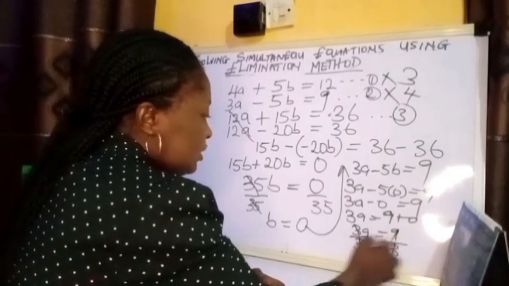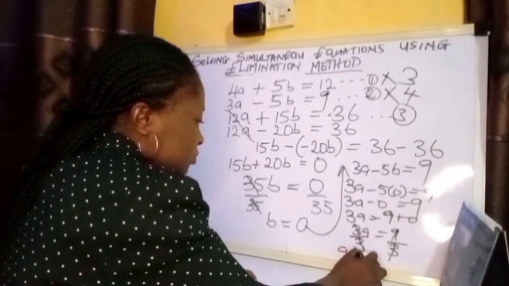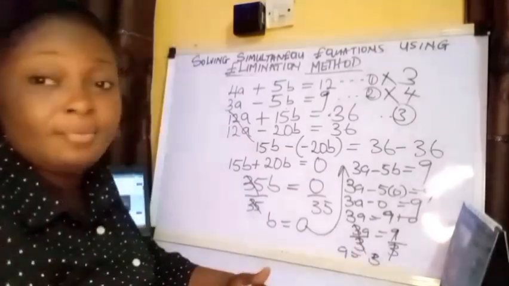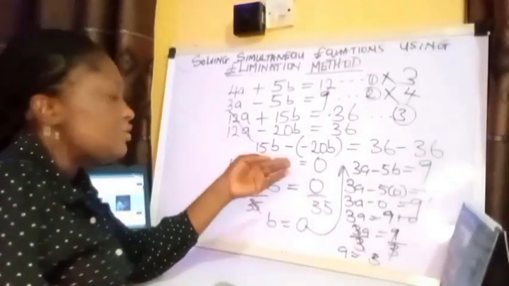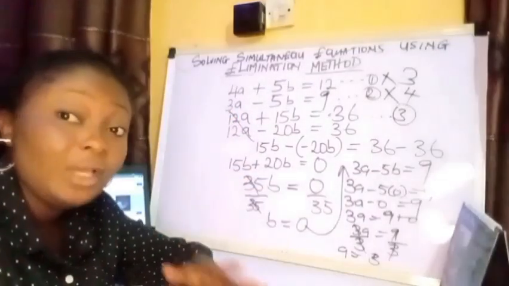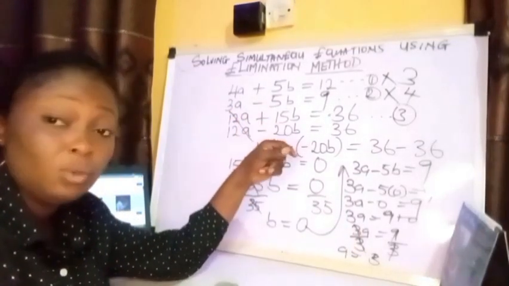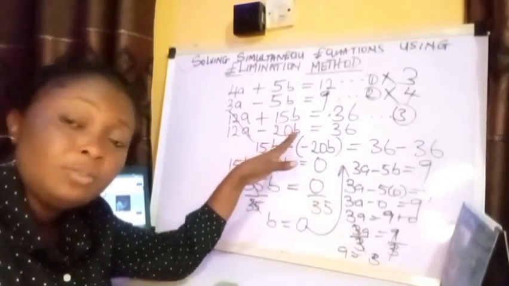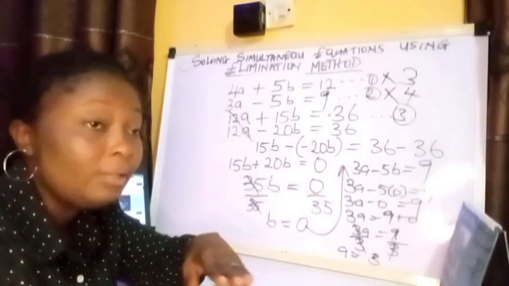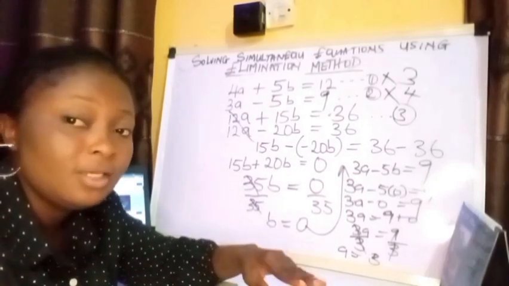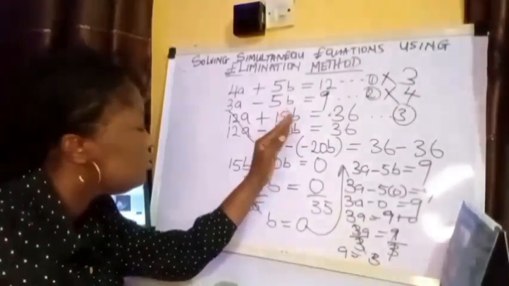So we'll be left with A equal to 3. And that is the same answer we got when we eliminated B. So have you seen that in the elimination method, likewise in the substitution method, you can choose any one? In the elimination method, you can choose to eliminate any of the unknowns. Once you are following the steps, you will get it right.